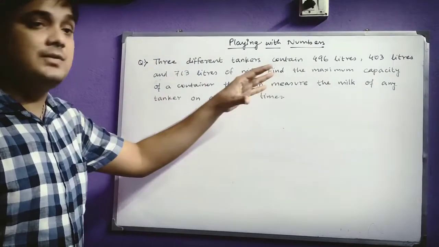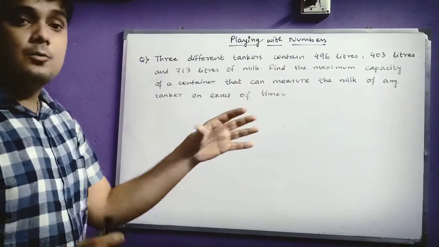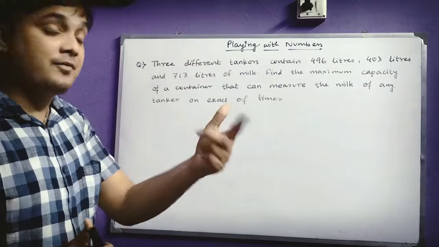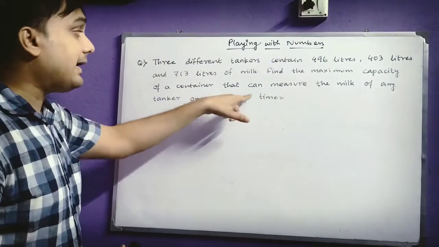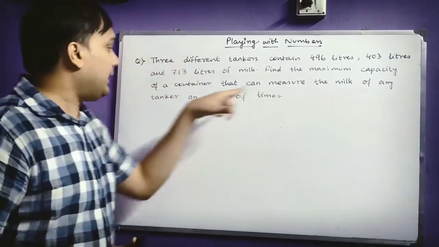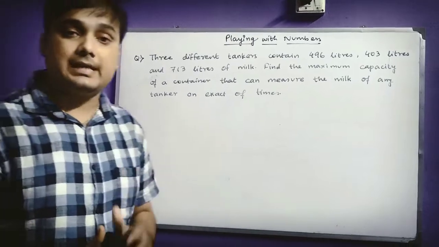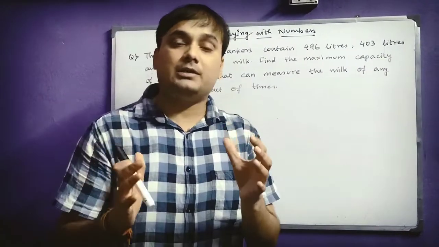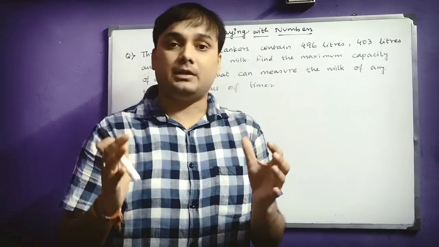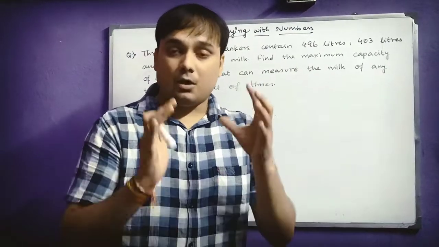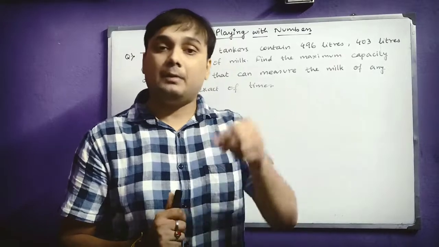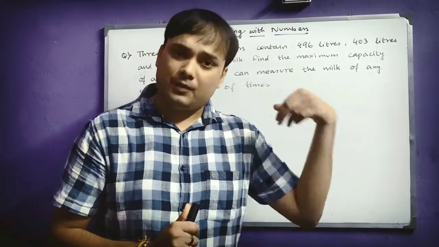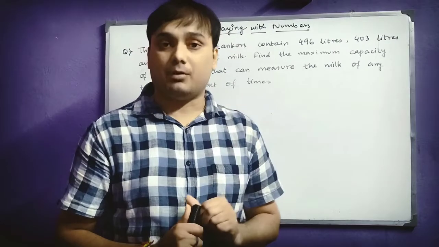That means out of these three tankers, we want to take a container, and the maximum capacity of that container is such that it can measure the milk of any tanker an exact number of times. That means I want to get the maximum capacity of one container with the help of which I can withdraw the milk from any of the tanks an exact number of times.